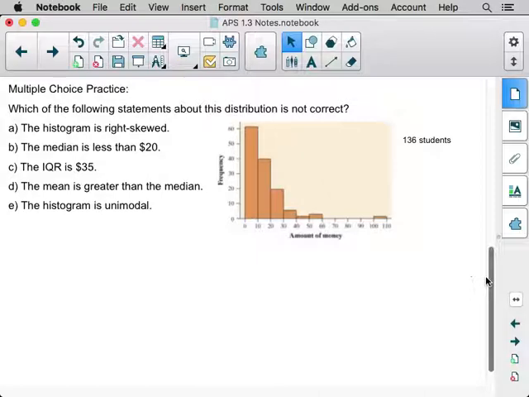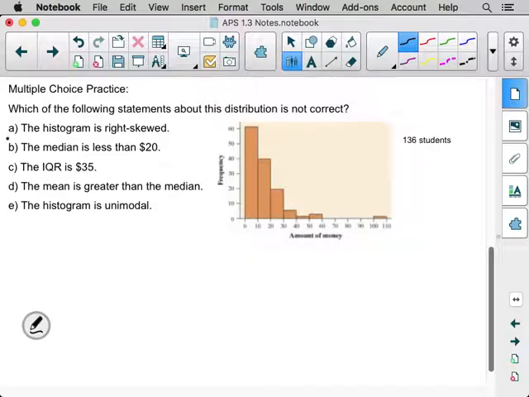So which of the following statements about this distribution is not correct? We're looking for something that is not true about this distribution. A, the histogram is skewed right. True or false? True, but ironically that means it's not what we're looking for, right? We're looking for the false statement. So A is not what we want because it actually is true.